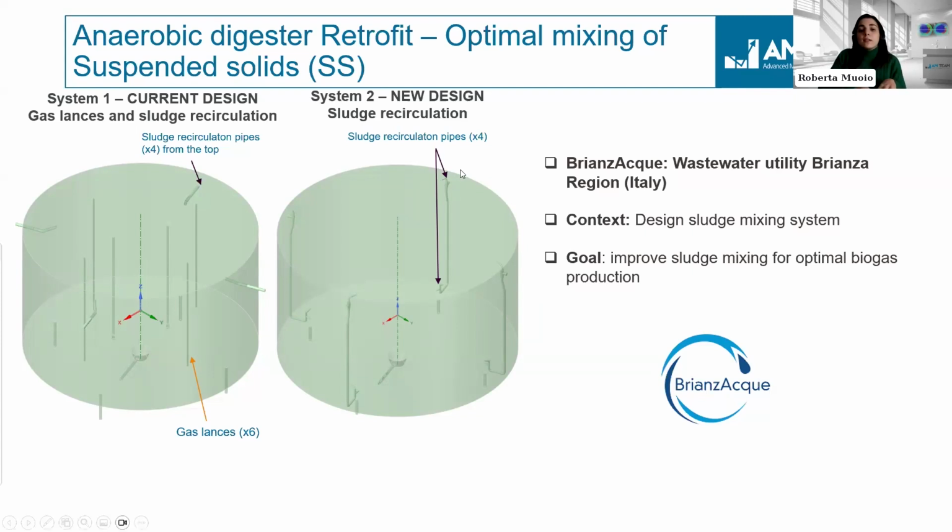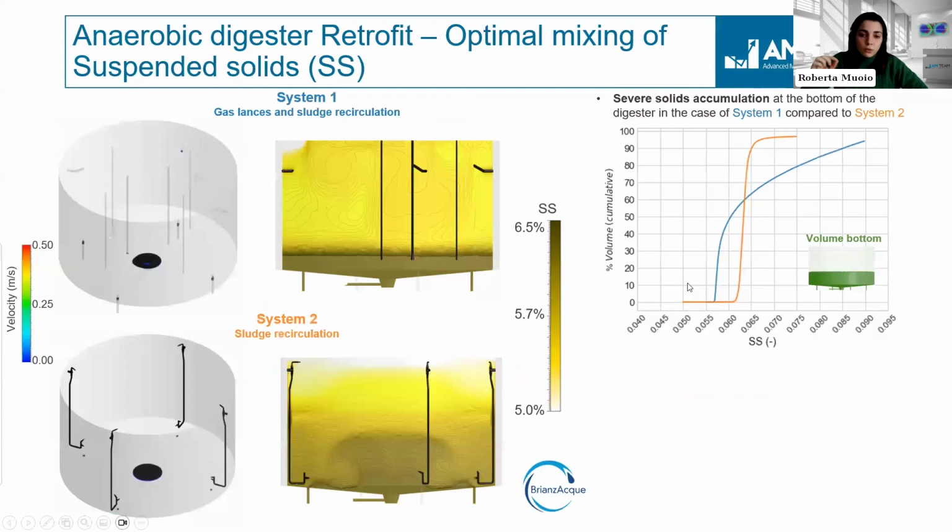In this new design, system 2, they replaced the sludge recirculation pipes and the gas lances with 4 sludge recirculation pipes at the side, recycling sludge at different heights and in different angles, different orientations, with nozzles injection.